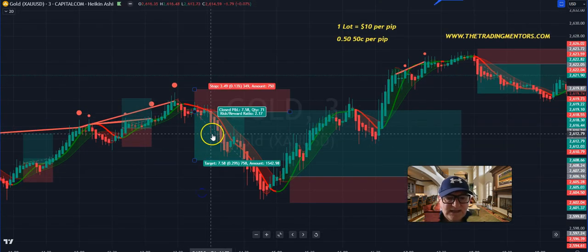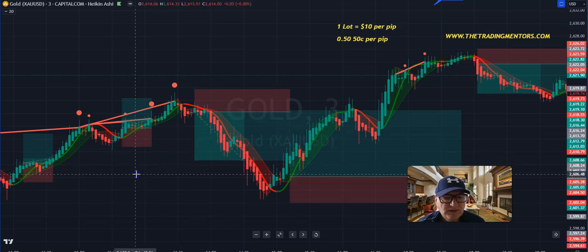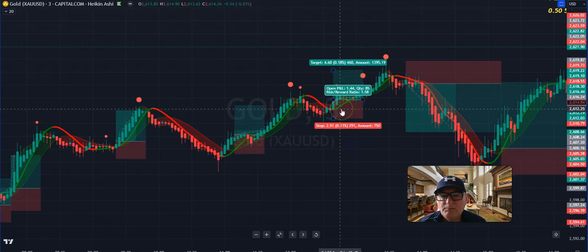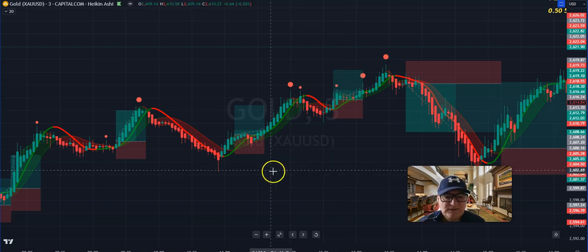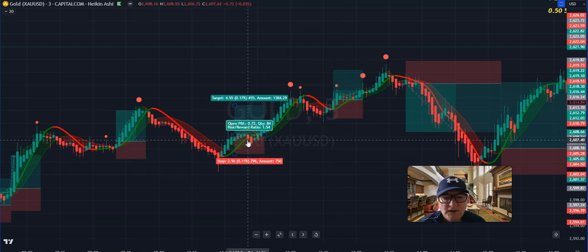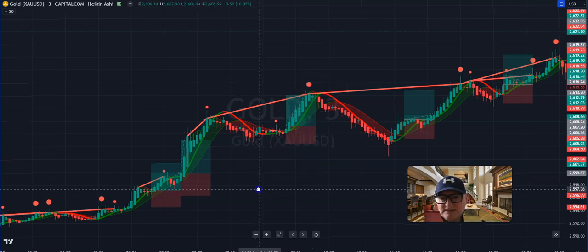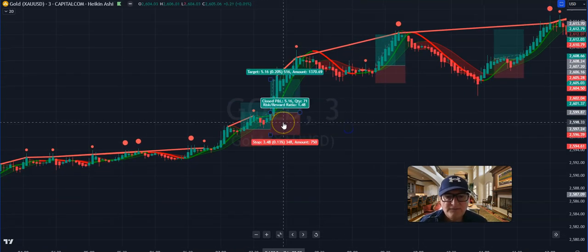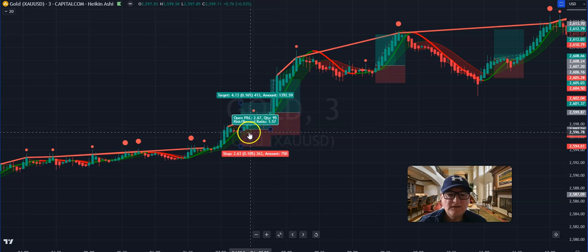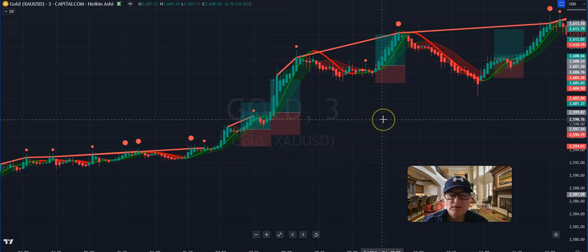In this instance here you banked $200. In this instance here you banked $460. In this instance here you banked $455. $483. This is in one day, by the way. Here you'd bank $510, $410, and so on and so forth.